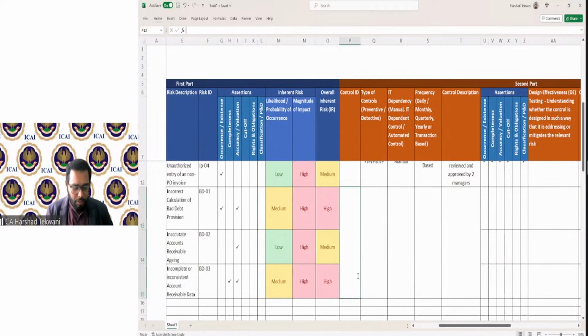So there was one control which was a preventive control.